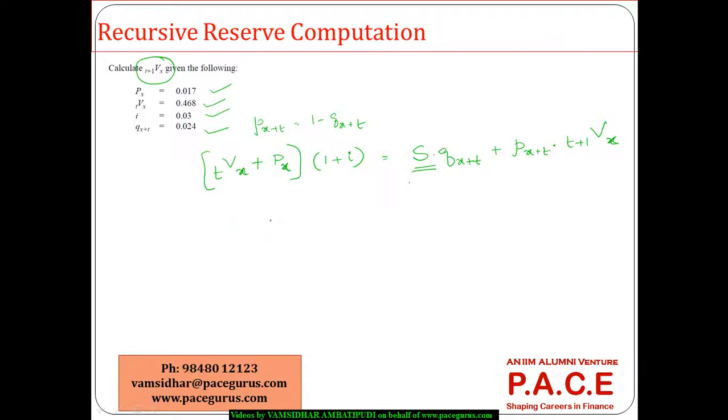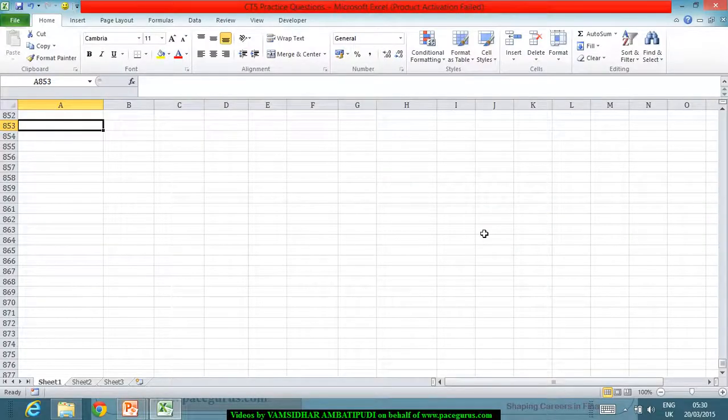So from here I can very clearly compute my t plus 1 Vx, because it is nothing but (tVx plus P) times (1 plus i) minus qx plus t, divided by px plus t. So if I put in that simple calculation, I can directly take t plus 1 Vx. It is a direct calculation.